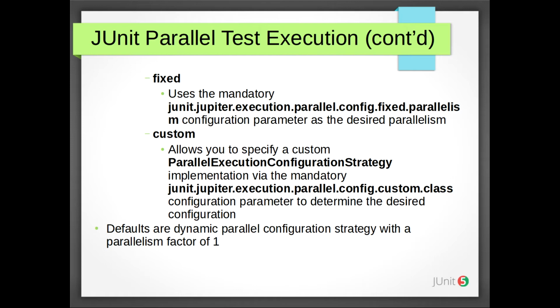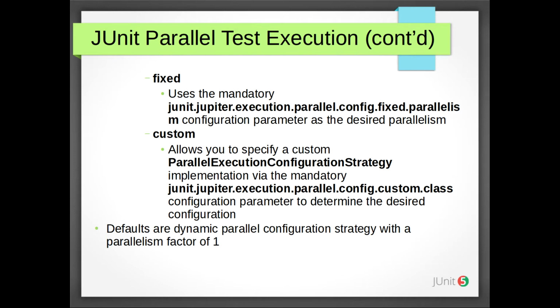If you use the value custom, it allows you to specify a custom parallel execution configuration strategy implementation via the mandatory junit.jupiter.execution.parallel.config.custom.class configuration parameter to determine the desired configuration.